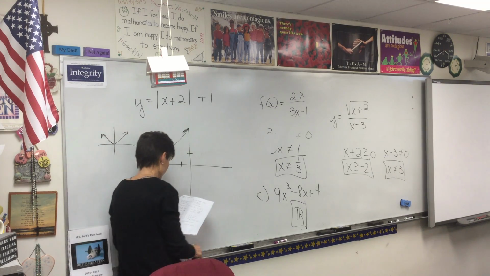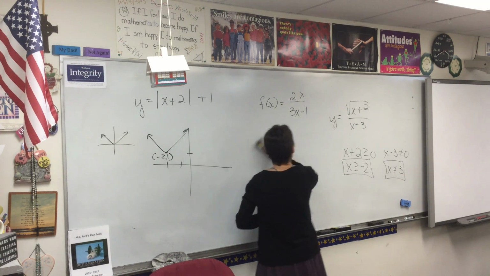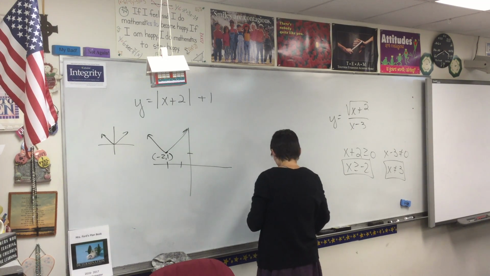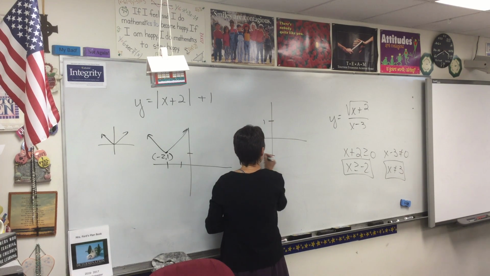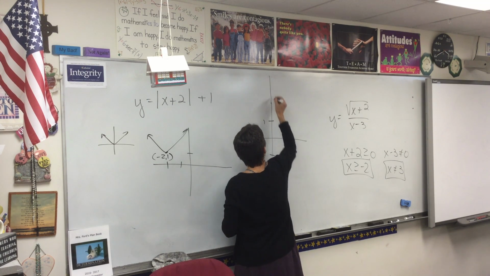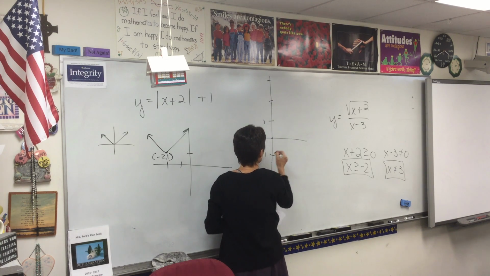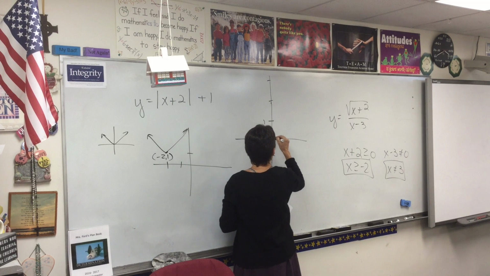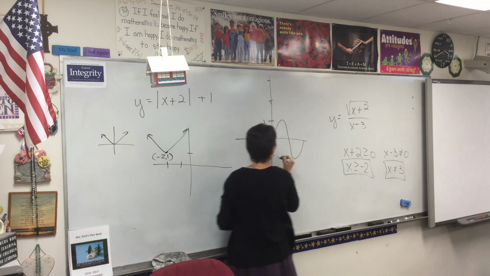Number 2, or B. Now, sines and cosines, you got to be a little bit careful with these guys. So I like to start with my regular sine curve. Okay, now my regular sine curve starts at the origin, right? Yes. And the hills go up 1 and the valleys go down 1.